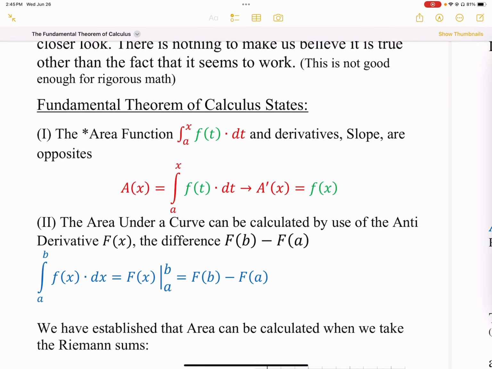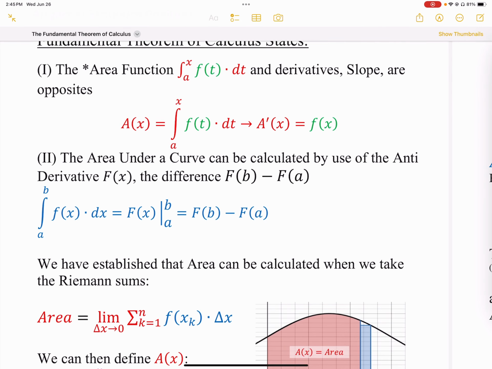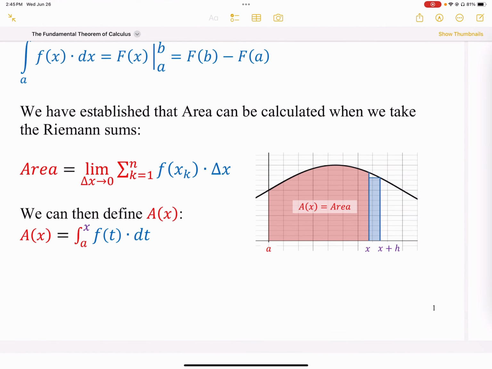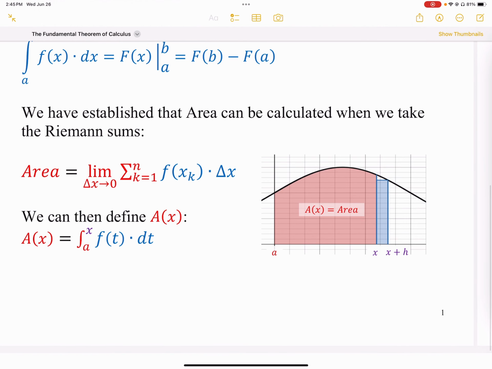Now, we want to take a little bit deeper look at this and do this a little bit more rigorously. So to do this, we first of all want to establish that the area function is the area under a curve from some arbitrary starting point a to x.